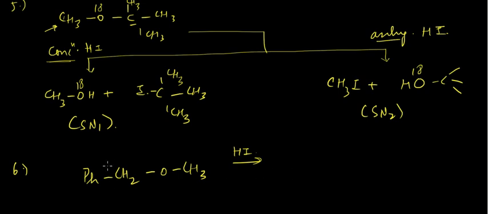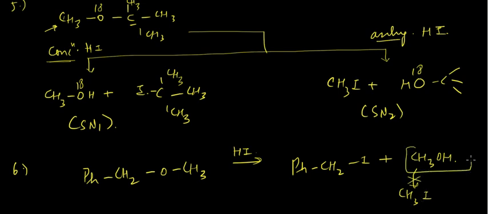So in concentrated form, formation of carbocation will take place because this is more stable. So on this, our I minus will attack, so we would have something like this, and obviously CH3OH should be formed. If it had been in excess, this would also be converted into CH3I, but it is not mentioned in the question, hence this would be our final product.